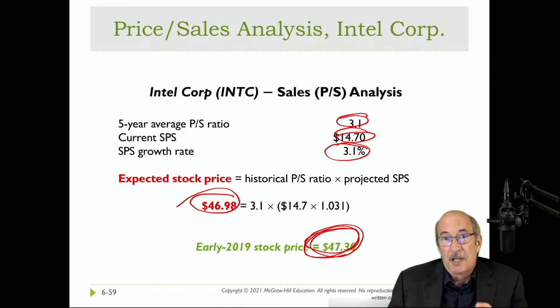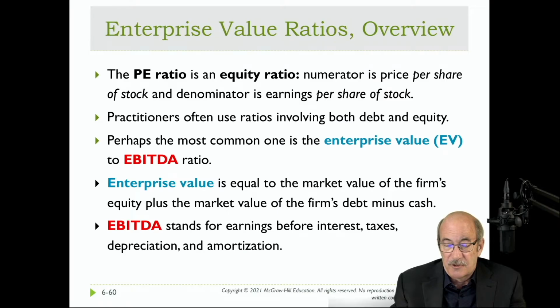Now, that's assuming that Intel hasn't changed any of those things over the past 5 years. Okay, but you can see the variation that we get in looking at just 3 very simple, very popular ratios. Considerable variation in the output that we get for an estimated stock price.